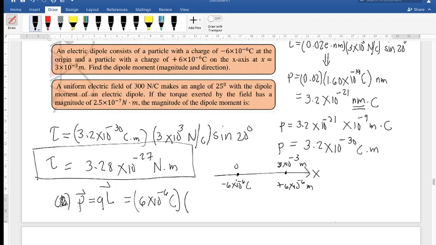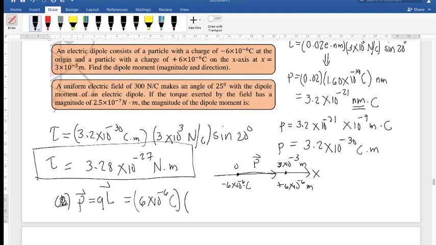And the dipole moment always points from negative to positive. So this is our dipole moment, which is in the i hat direction. Therefore, you expect that your P must be in the i hat direction.